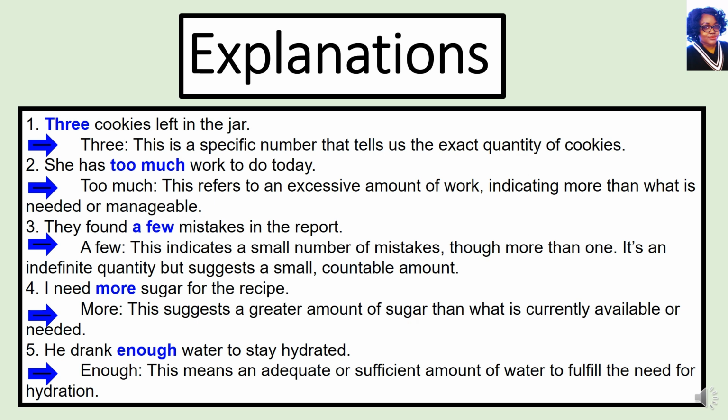Here are the explanations. Number 1, 3. This is a specific number that tells us the exact quantity of cookies. Number 2, too much. This refers to an excessive amount of work, indicating more than what is needed or manageable. Number 3, a few. This indicates a small number of mistakes, though more than one.